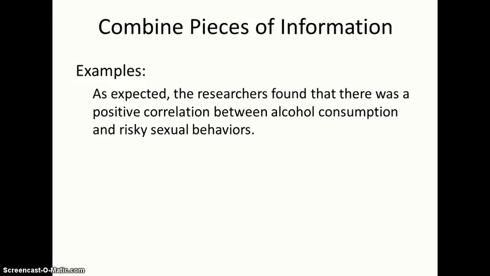So for example, if I say, as expected, the researchers found a positive correlation between alcohol consumption and risky sexual behaviors. In one sentence, I am telling you their hypothesis and their results, and I'm identifying two of the key variables, all in one sentence.